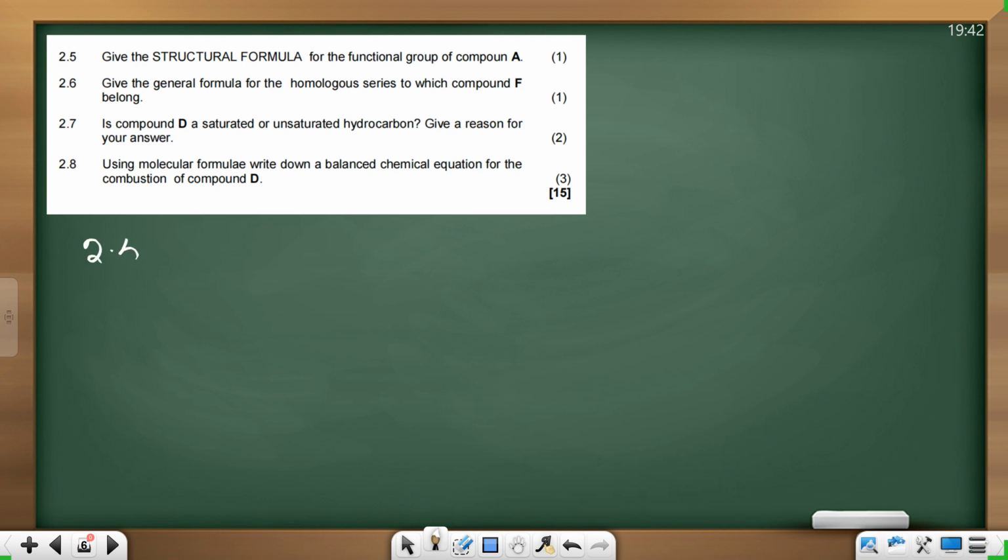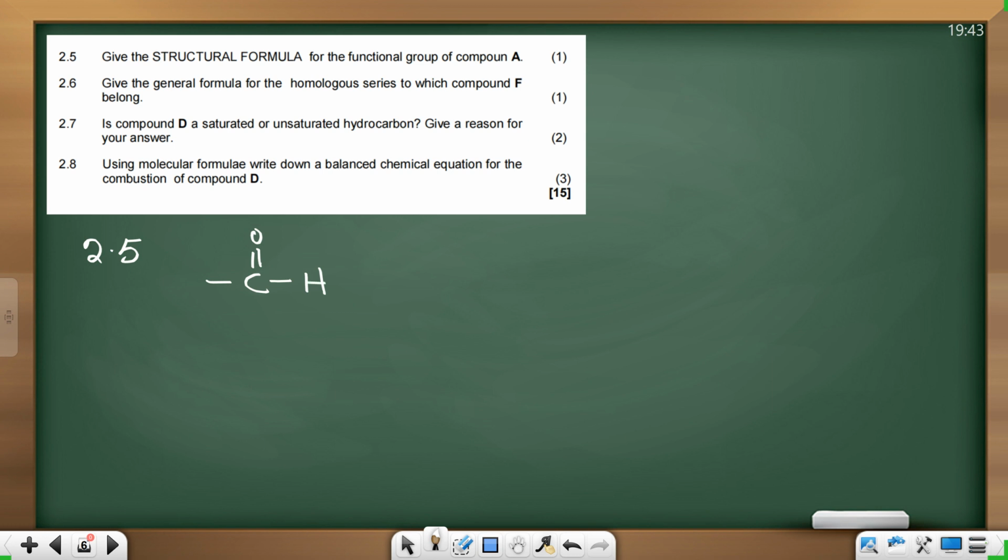So 2.5. I'll give you 30 seconds to answer that so that you can mark. Aldehyde. What is the functional group? You have 20 seconds more. You should be done. The difference between that and ketones is this is on the outside.